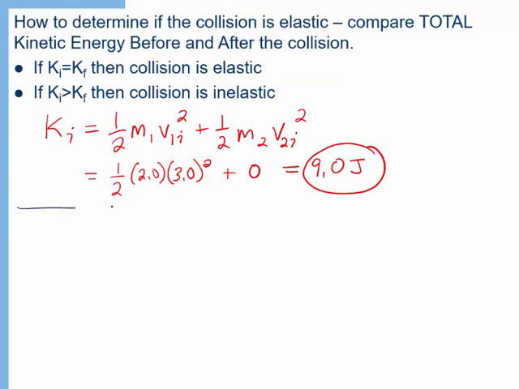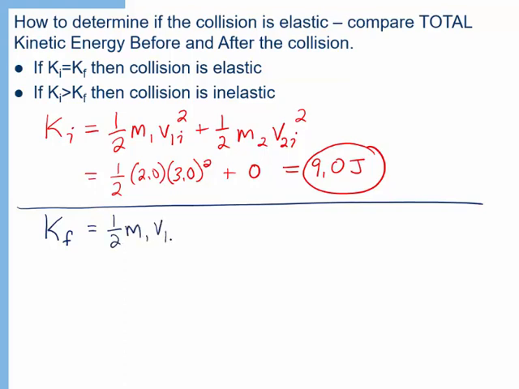Now, we've got to do the same thing after the collision. So we want to add up the kinetic energy of each of the objects after the collision. We get 1/2 m1 v1 final squared plus 1/2 m2 v2 final squared.